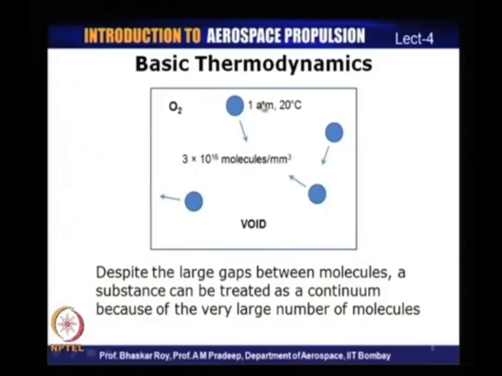For oxygen at a pressure of 1 atmosphere and 20 degrees Celsius, there are estimated to be 3 into 10 raised to 16 molecules per cubic millimeter of volume. So, you can see that there are so many molecules in a very small volume of oxygen.